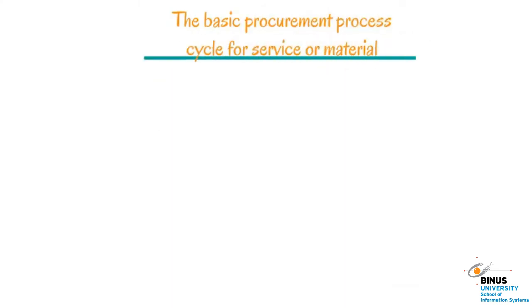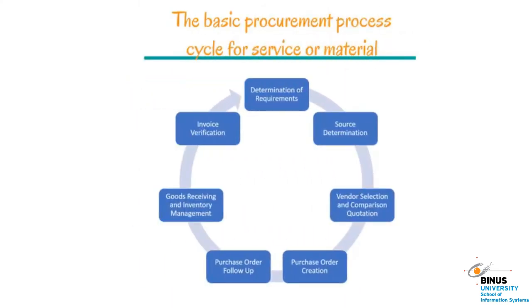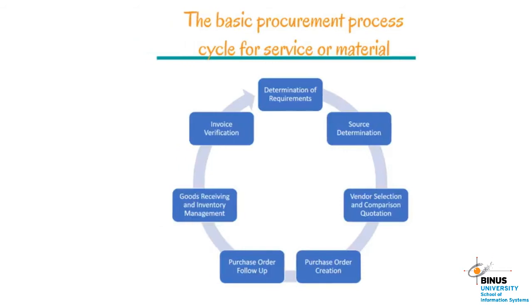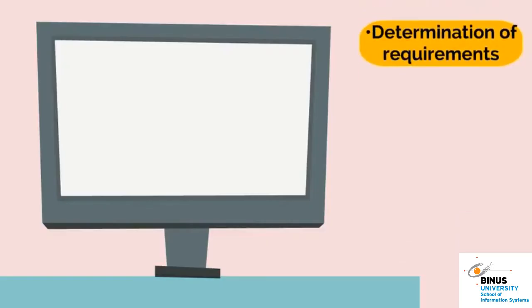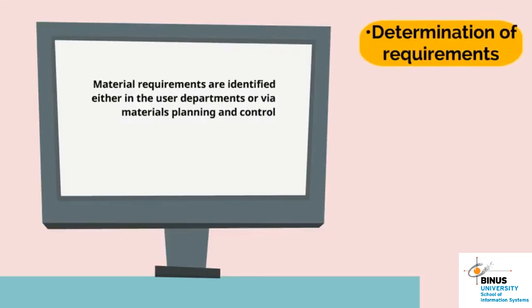The basic procurement process cycle for a service or material consists of the following phases. The first phase is determination of requirements. Material requirements are identified either in the user departments or via materials planning and control.